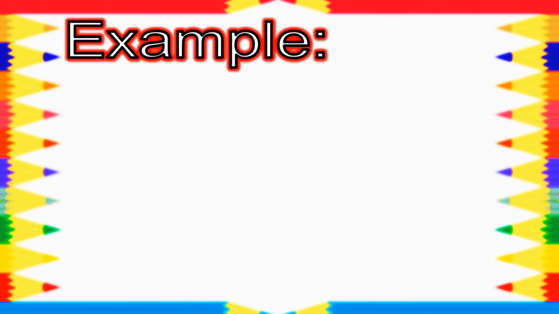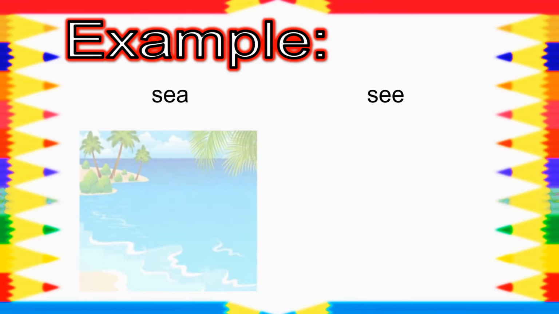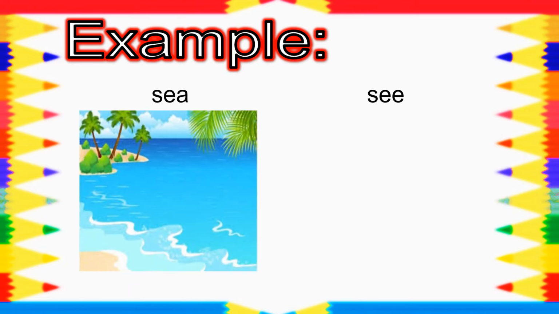we have here the word sea and see. So if you look at these words, they have different meaning and different spelling. So let's look at the first word sea. If you look at the picture, it's showing us nature.